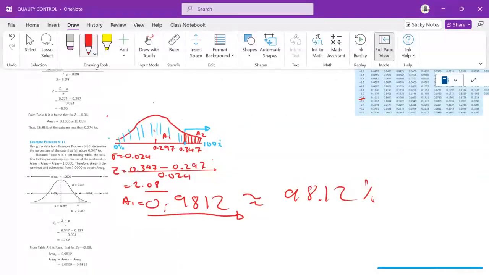It's a value that we didn't highlight here. It's this value. Now we are looking for this one. As it was mentioned even before, we are looking for this side here.